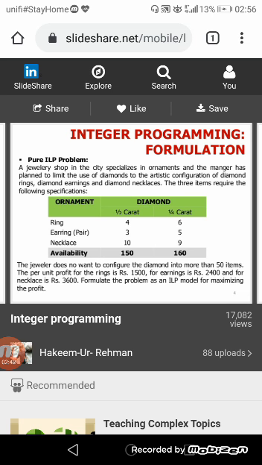So in this problem, they give you a table with all the information. The same thing that we learned in linear programming, where you have to convert from the problem statement to a mathematical model. But please have a look at the final sentence of the problem, where it says to formulate the problem as an integer linear programming model for maximizing the profit.